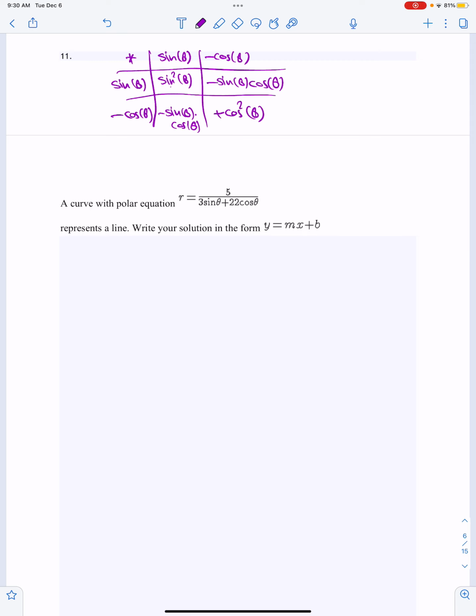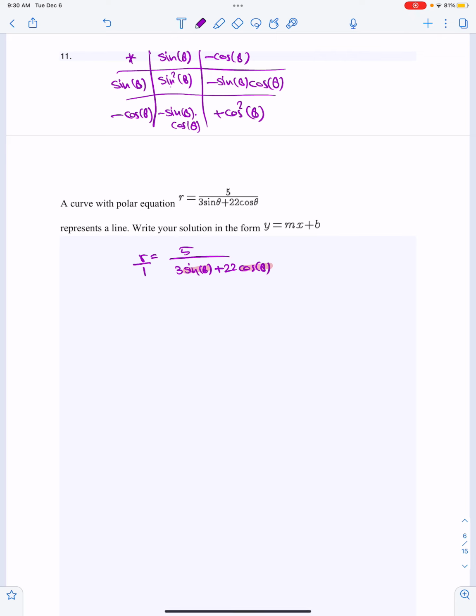Question number 11. We need to convert this polar form into rectangular form. So I have r equals 5 over 3 sine theta plus 22 cosine theta. I notice immediately that I have cosine and sine. They are missing r, and I have r on the other side.